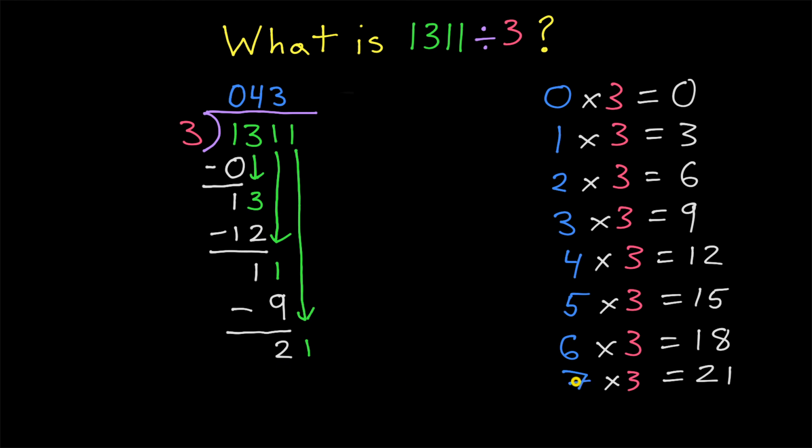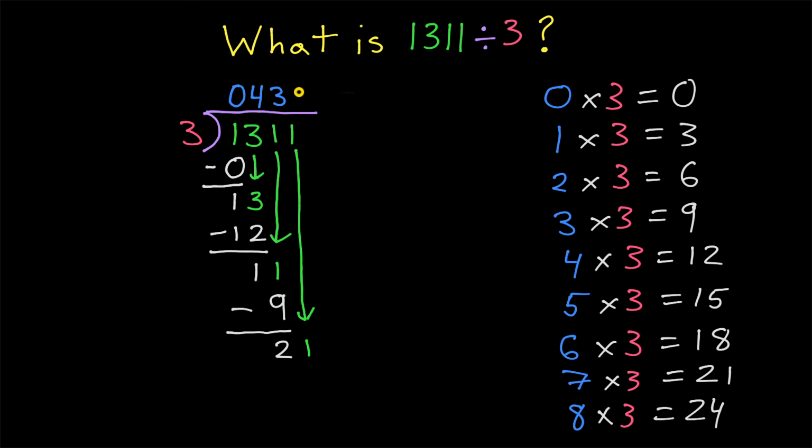It's going to have to be 7, because if we go one more, for instance 8, then 8 times 3 is equal to 24. So 24 will put us over. The highest number times 3 that is less than or equal to 21 will clearly be 7. 0 to 7 are all candidates, but the highest amongst them is 7.